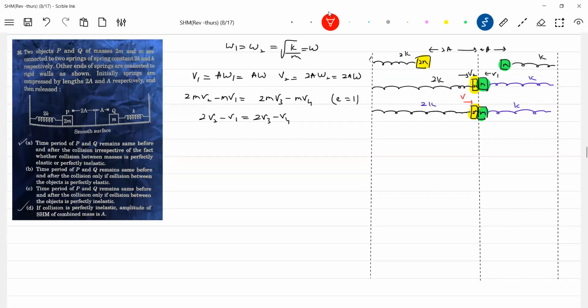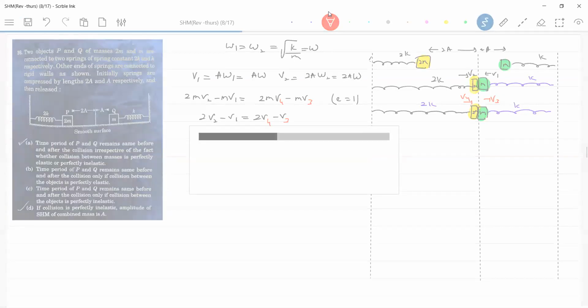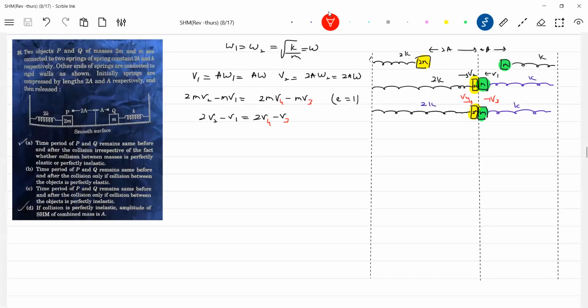This will be V4, and this will be V3. V4, this is V3. Coefficient of restitution formula: V4 minus V3.